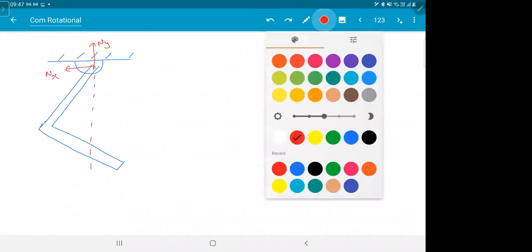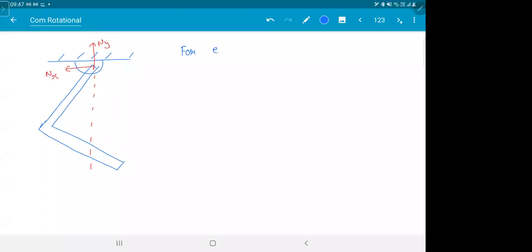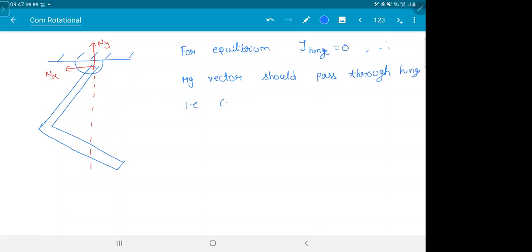So for equilibrium, torque about the hinge is 0. Therefore, the mg vector should pass through the hinge, or else torque won't be 0. Nx, Ny torque is 0. mg has to pass through the hinge. That is, the center of mass should lie on the vertical line passing through the hinge.